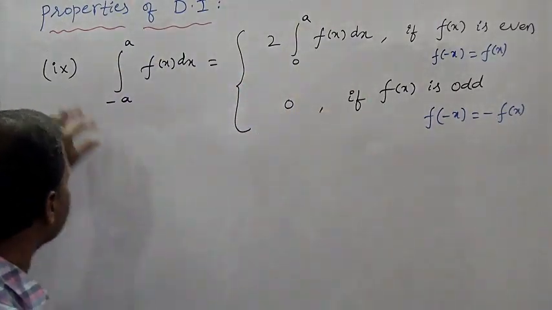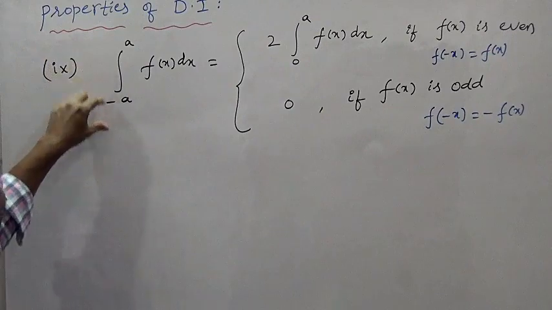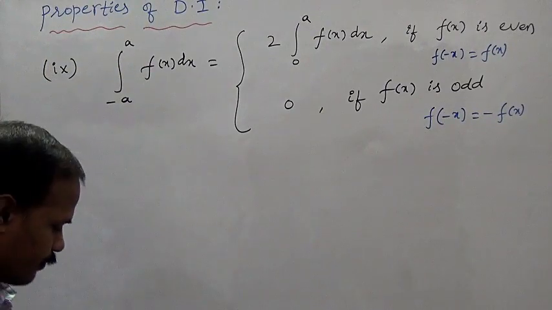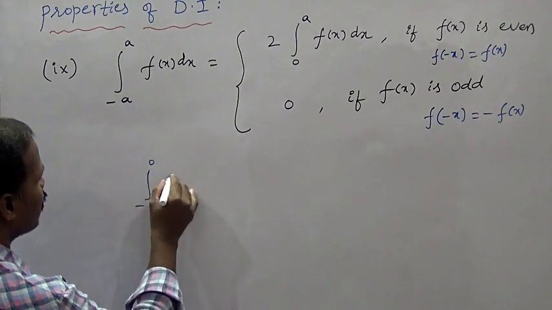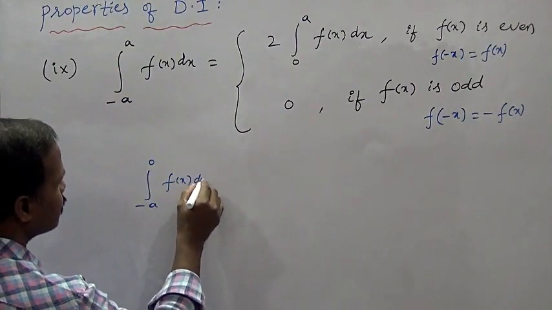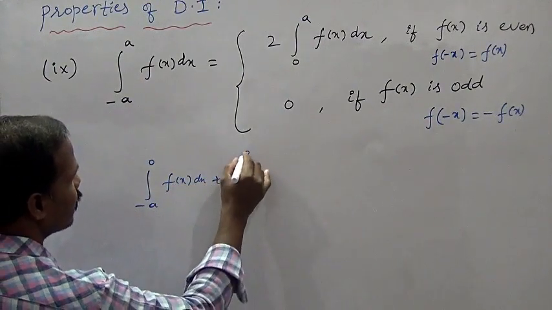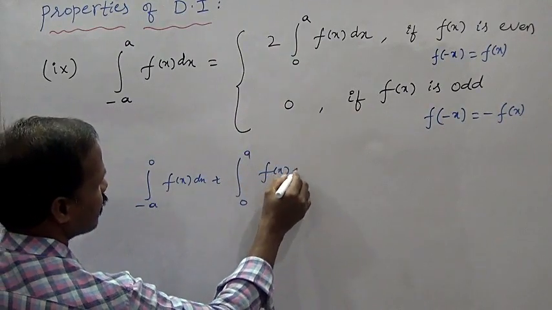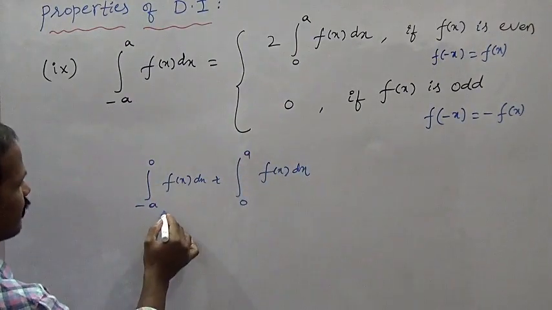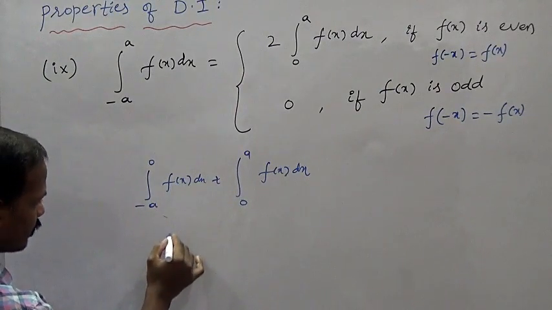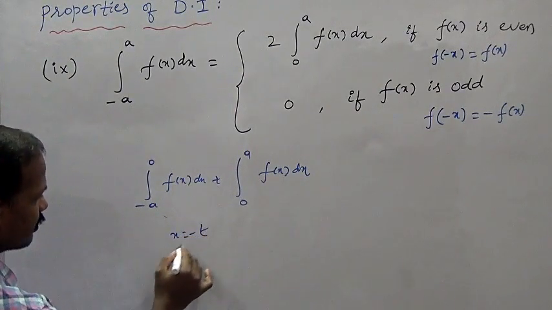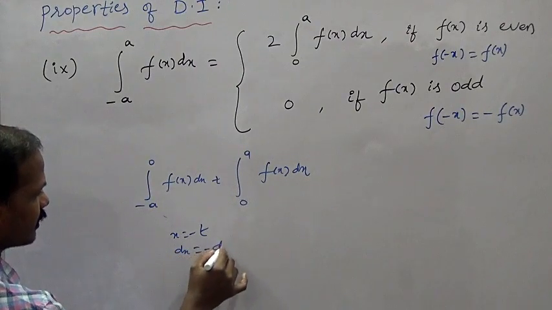because see, this can be split into integral minus a to 0 f of x dx plus integral 0 to a f of x dx. If f of x is even, these two are equal, because we can take x equal to minus t here, dx equal to minus dt.